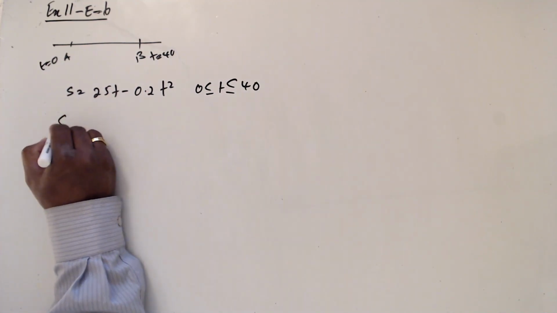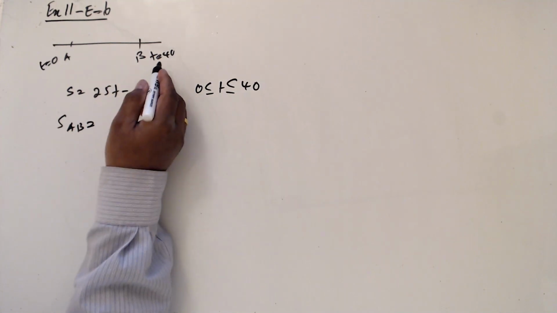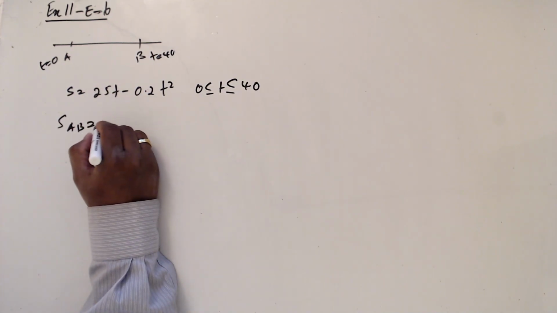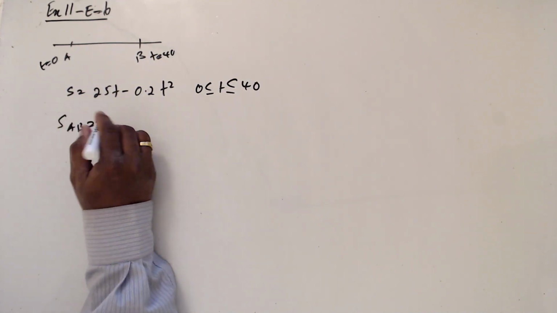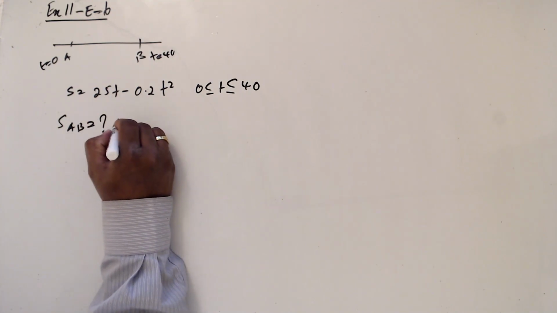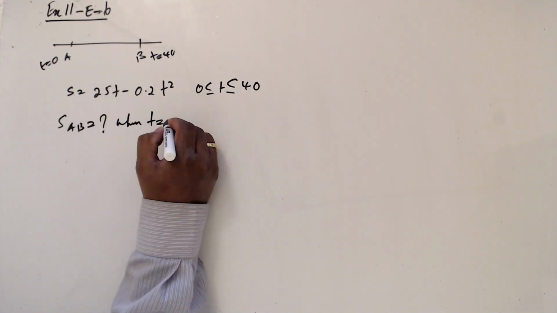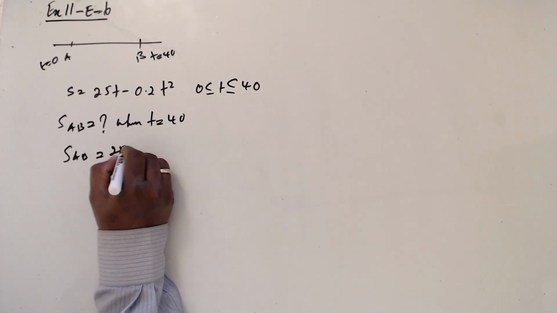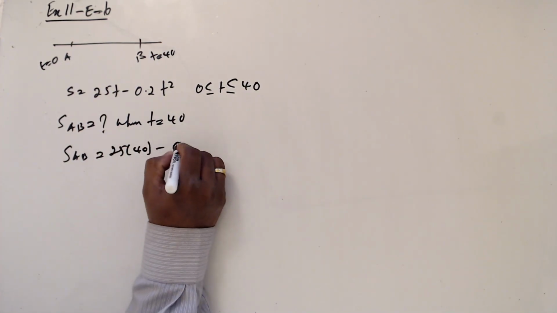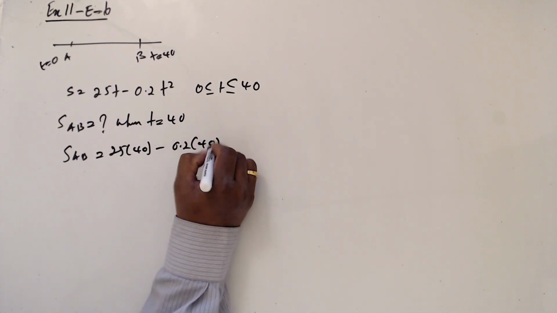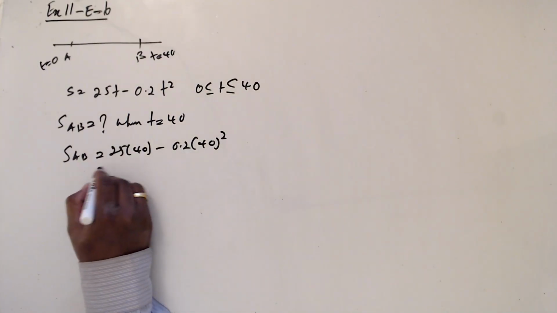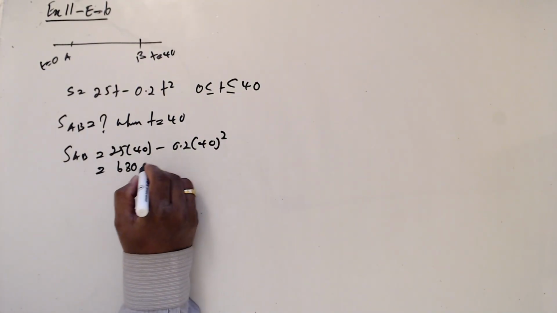So s_AB, when we put t equal to 40, we can find it. So s_AB equals 25 times 40 minus 0.2 times 40 squared. This is going to be 680 meters.